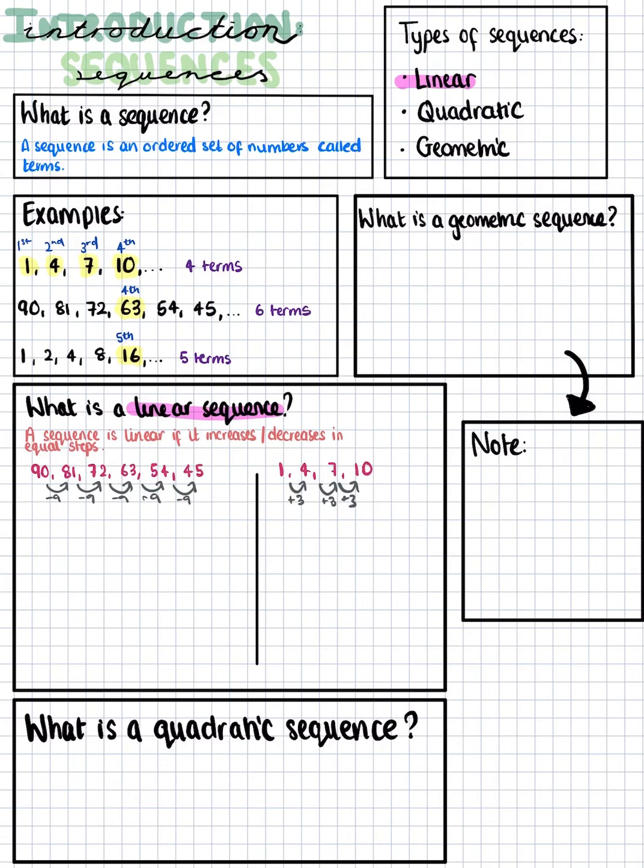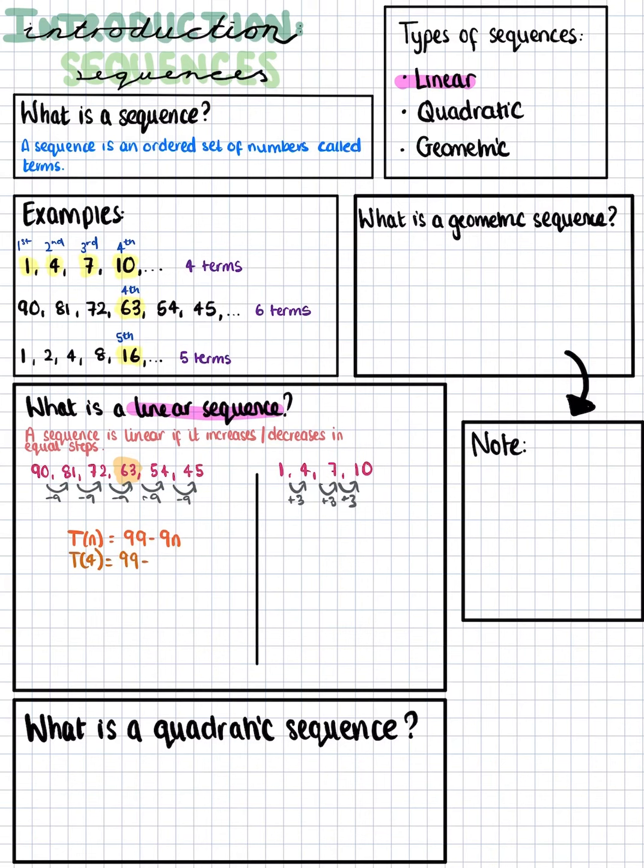Every linear sequence has a position to term rule, and this rule tells us how to work out any term in the sequence. For this first sequence, the position to term rule is 99 minus 9n. So if I wanted to work out the fourth term, which I know is 63, I would do 99 minus 9 times 4.